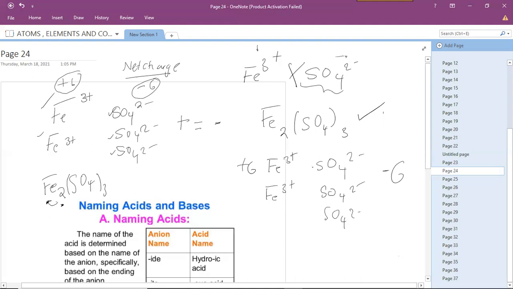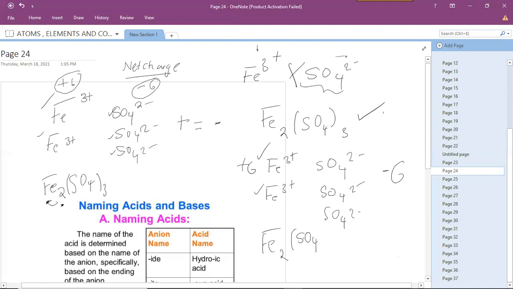Therefore, for iron and sulfate to form an ionic compound that has balanced charges, we're going to need two iron ions. So Fe2, we have got 2 ions, and 3 sulfates, 1, 2, 3. To show that there are 3 sulfates, we say SO4 because it's a radical.